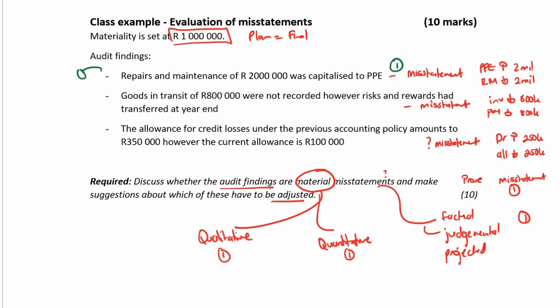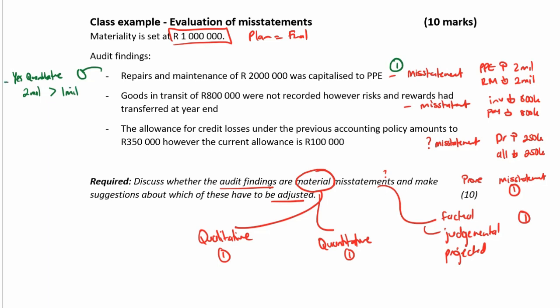Now, once I've proved it, I need to discuss, is it quantitative or qualitative or both? So, is it quantitative? Yes, it's quantitative because 2 million is greater than the 1 million materiality.